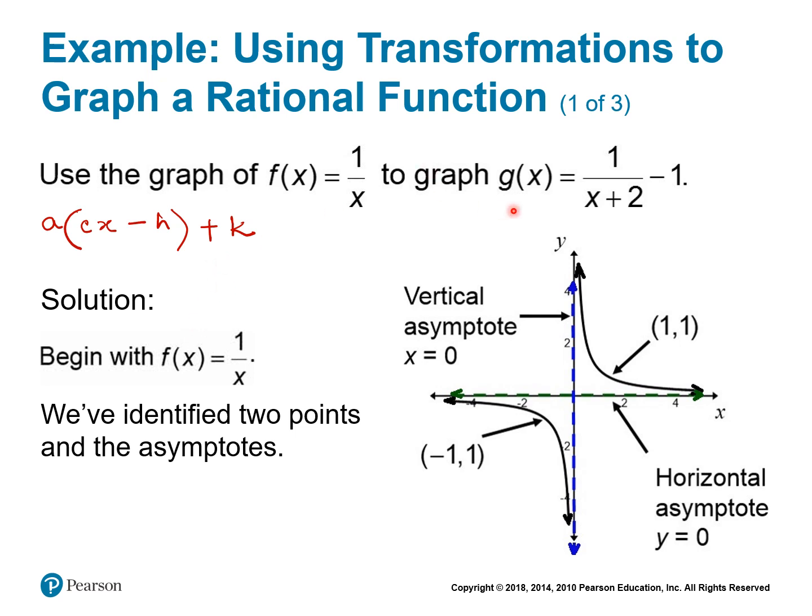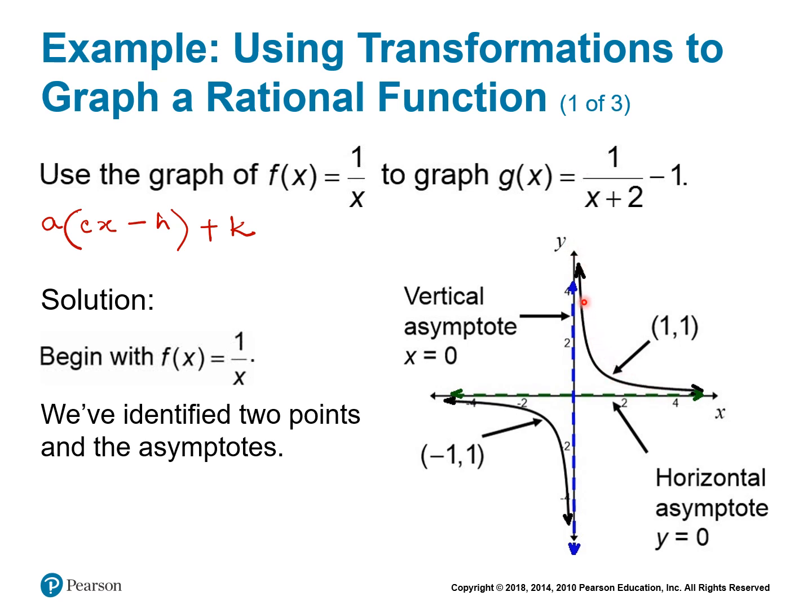All right, but let's go into first the basic graph. The basic graph of a rational function 1 over x has the y-axis as its vertical asymptote and the x-axis as its horizontal asymptote. As we approach x equal to 0 from the right-hand side, the graph rises indefinitely to infinity.